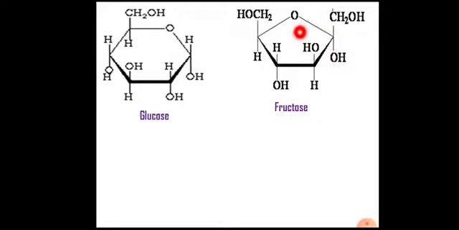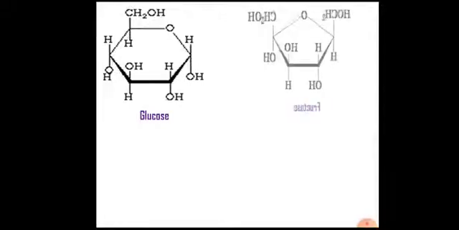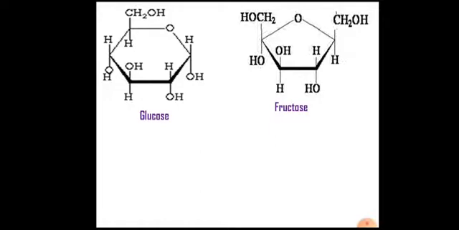Now we'll turn this structure like this so that we'll get this structure. Now you can see carbon number 1 is here, 2, because here around carbon number 2 its conformation is CH2OH OH, means whatever the group which was here, now it is showing here. Okay, 1, 2, carbon number 3 OH, carbon number 4, 5, and 6.